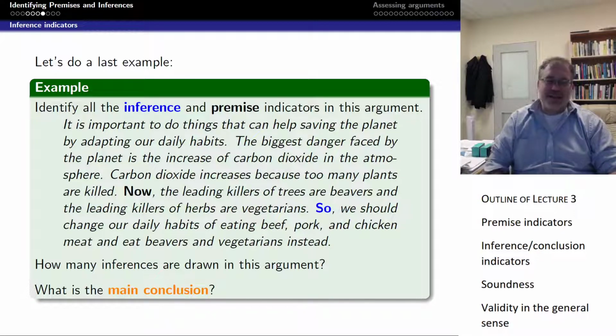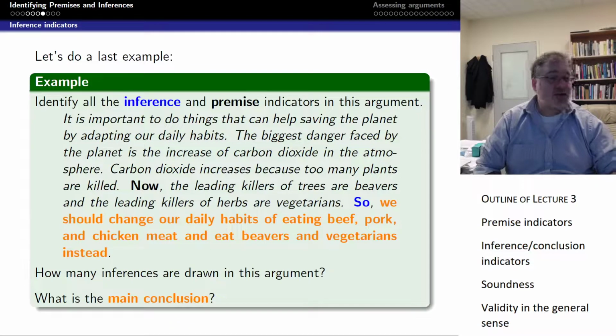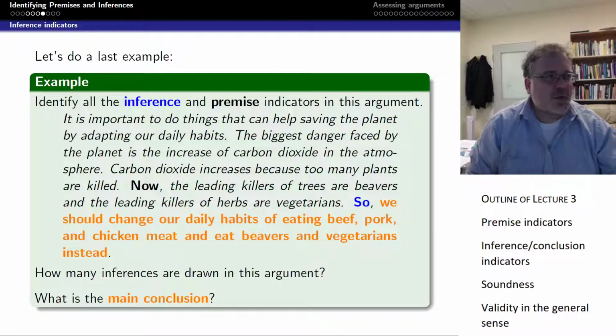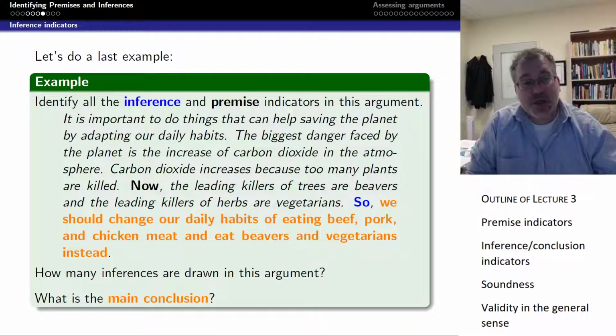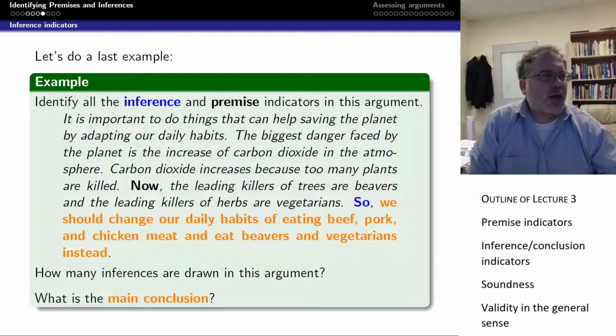So it does seem that there's only one inference in this argument and that the main conclusion is the sentence introduced by "so." All right, so that's not too complicated, I hope. But it's important to be able to identify conclusions and subconclusions if we want to be good at analyzing arguments, which is what we're going to turn to in the second part of this lecture.